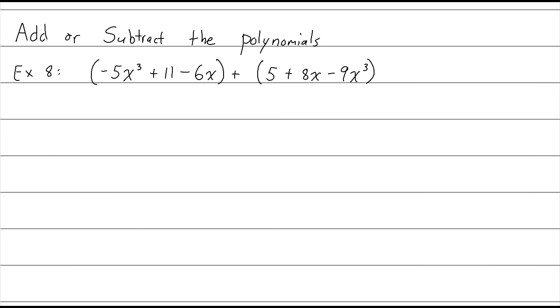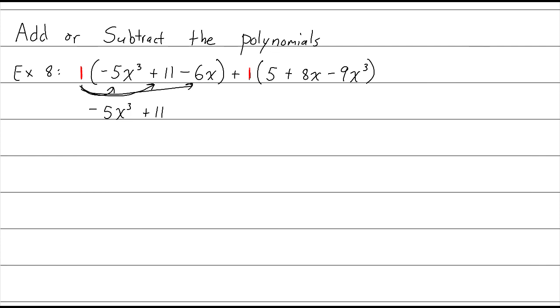If I'm going to add them, the easiest thing to do is to take care of the parentheses first. Now remember, there's technically always an understood 1 hanging out in the front of them. So you can think about it as, if I want to get rid of those parentheses, let me multiply everything by that 1. So 1 times negative 5x cubed is negative 5x cubed. 1 times 11 is 11.